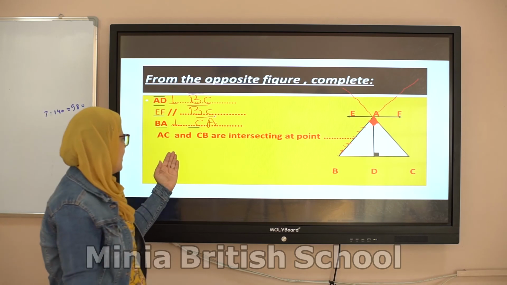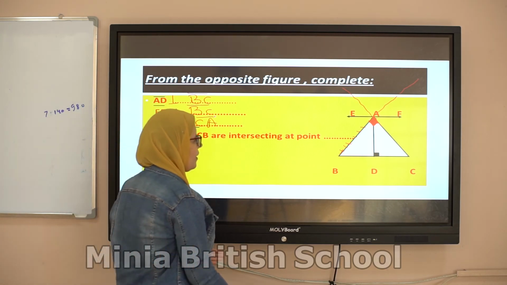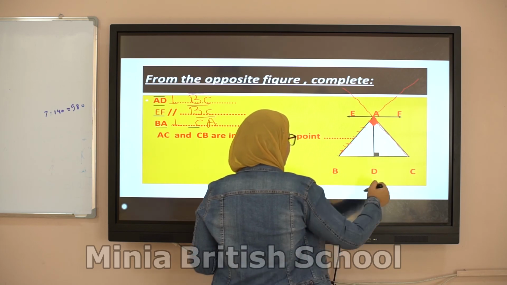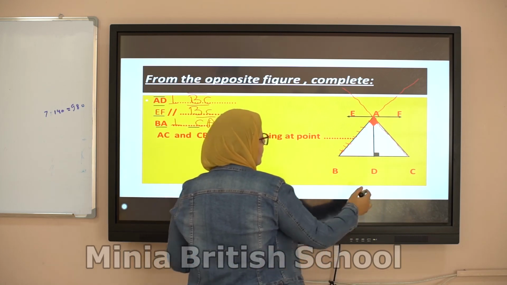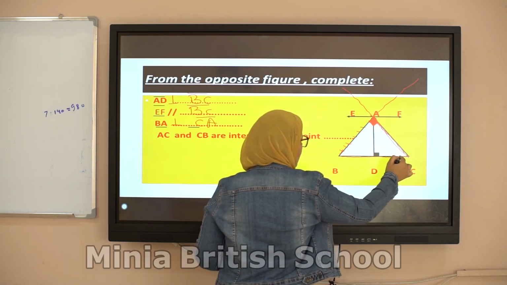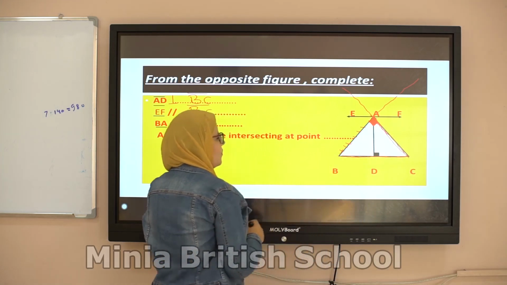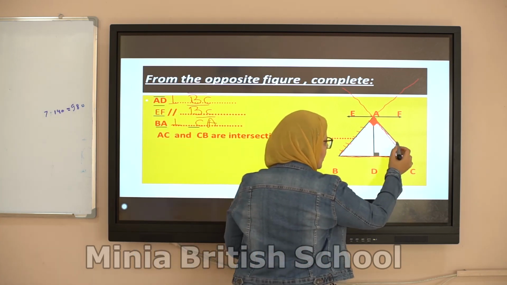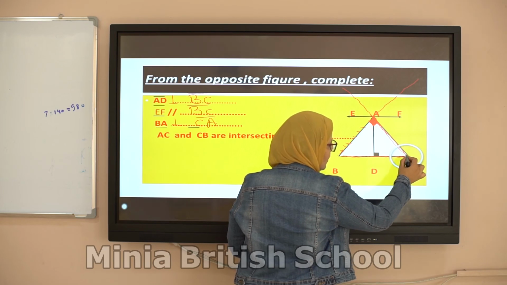Here, AC and CB. AC, this. And CB, this. This line and this line intersect at a point. Which point? Actually, both of them meet or intersect in this point.